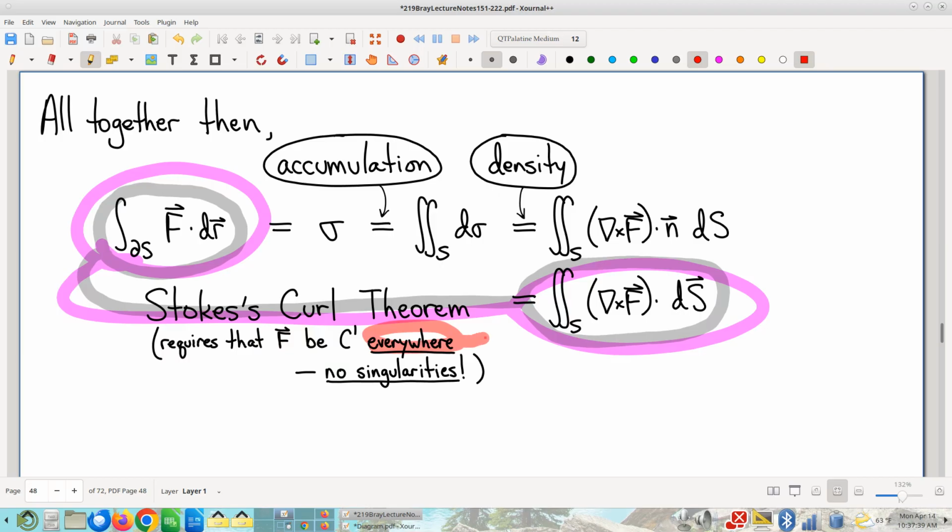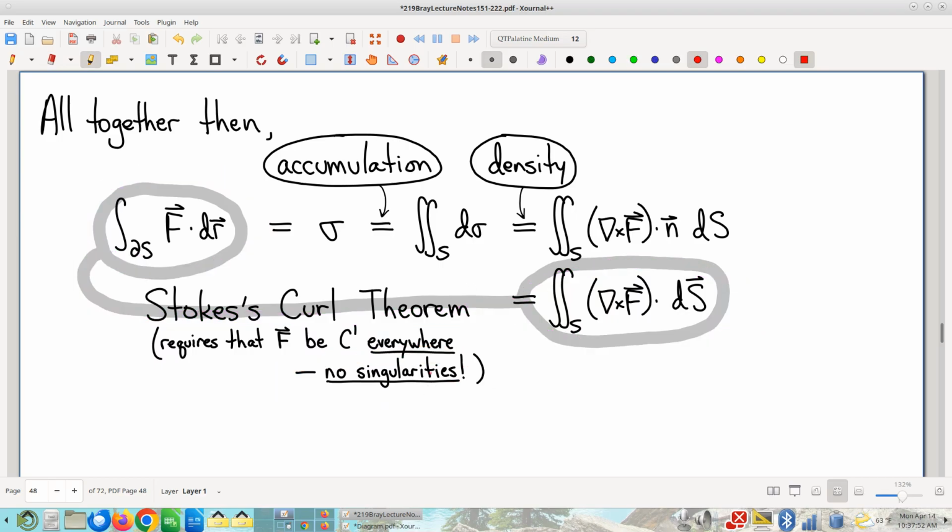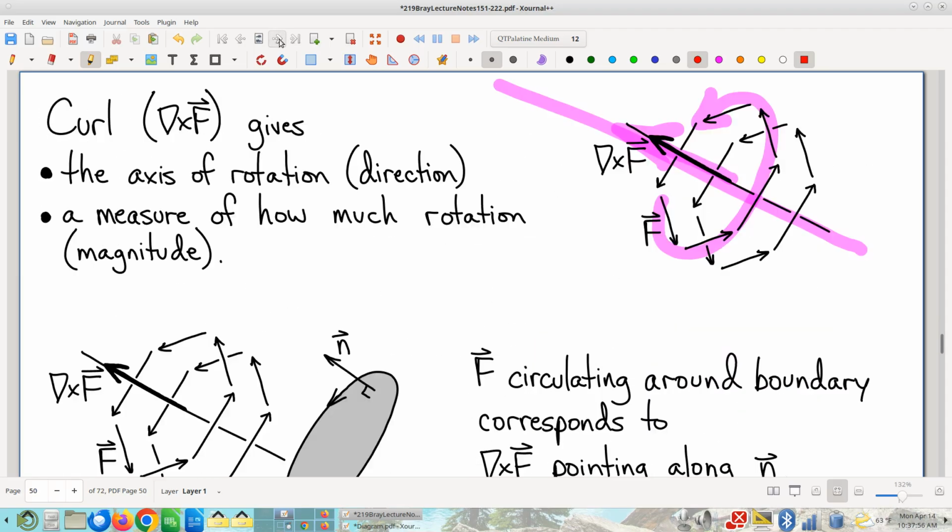Everywhere, to emphasize, right? As said differently, we are not allowed to have singularities. If any sort of singularity problem, it's going to really mess up the computation. So that's what we're going to see in the next example. I just want you all to see it kind of happen.